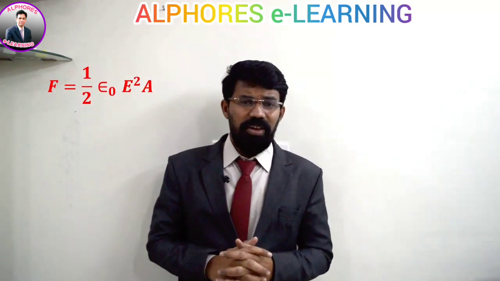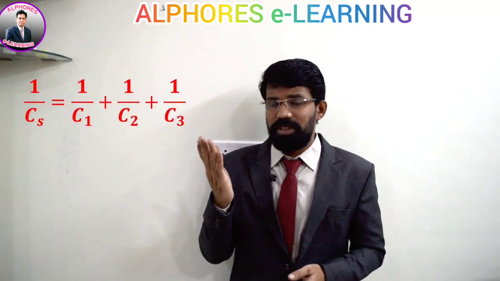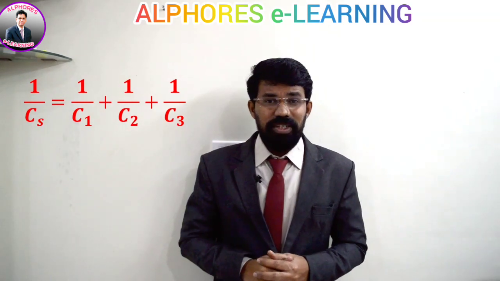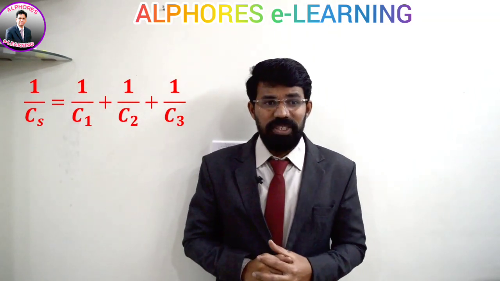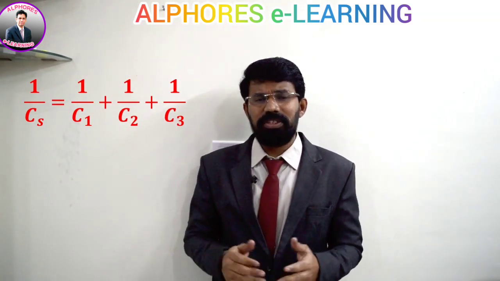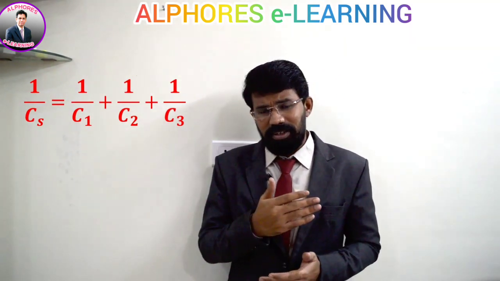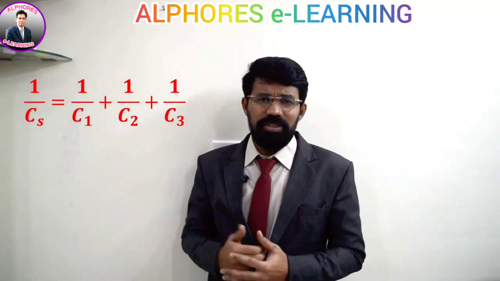Now, let us think about series combination and parallel combination. If you go with the series combination, what is the effective capacitance? It is expressed as 1 by Cs is equal to 1 by C1 plus 1 by C2 plus 1 by C3, if you take 3 capacitors in series. If you take n capacitors, accordingly you can write the equation.